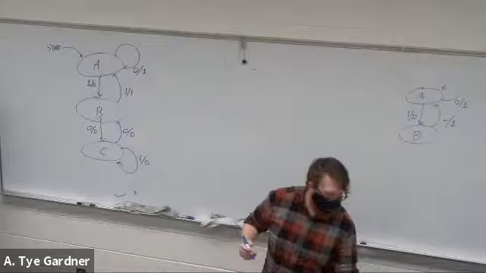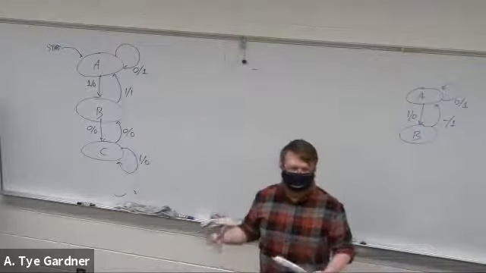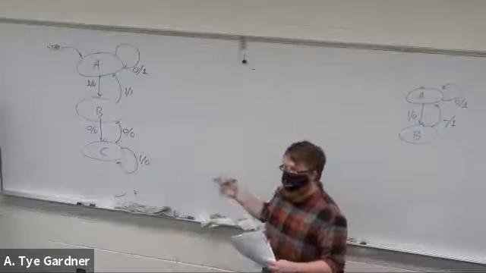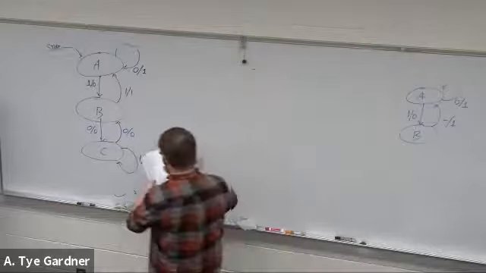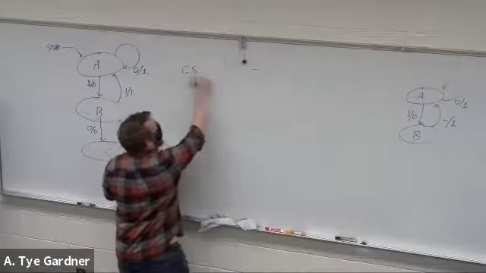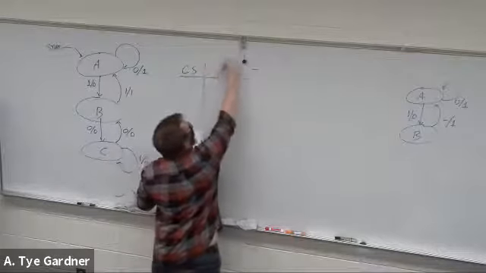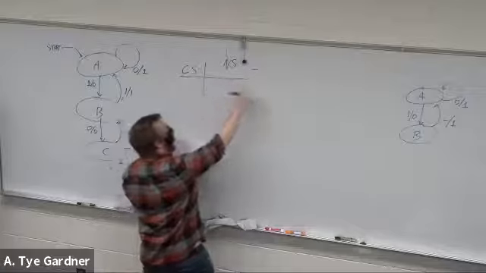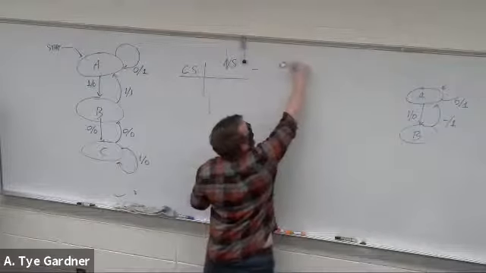The next tool is a little bit more design friendly. Once you've decided what your state diagram is supposed to be, we can use a state table. And what it has is a current state, a next state, where are we, where do we want to go, and what are our outputs.